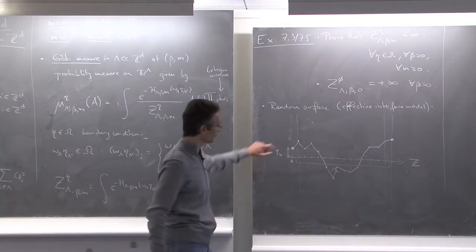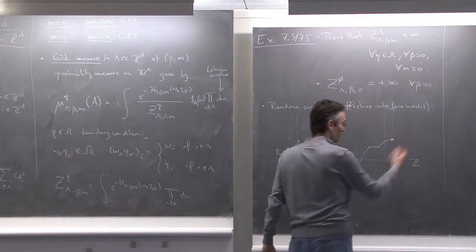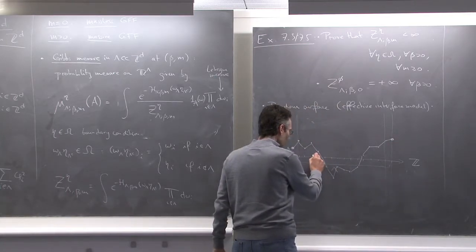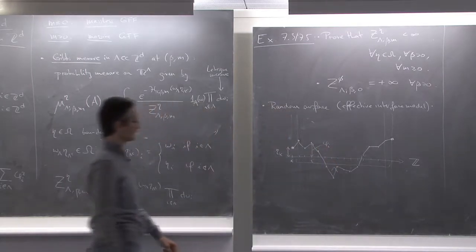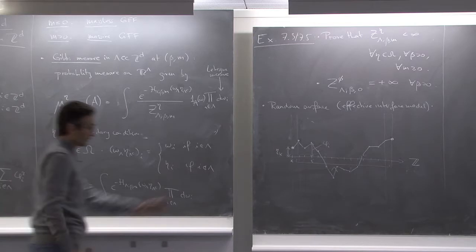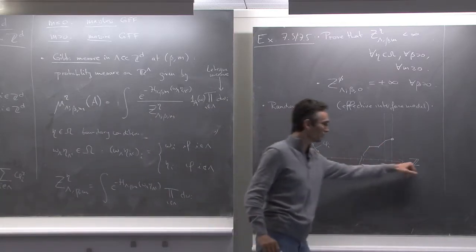You have a random line which is pinned at both endpoints, at the height given by the boundary condition. And at vertex I, this is just phi I. That's the height. So that's one interpretation of the model. It's a model of a random function from Z to R.